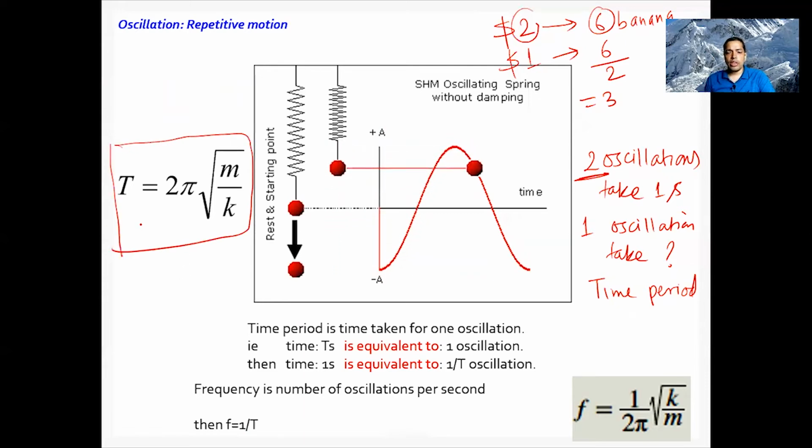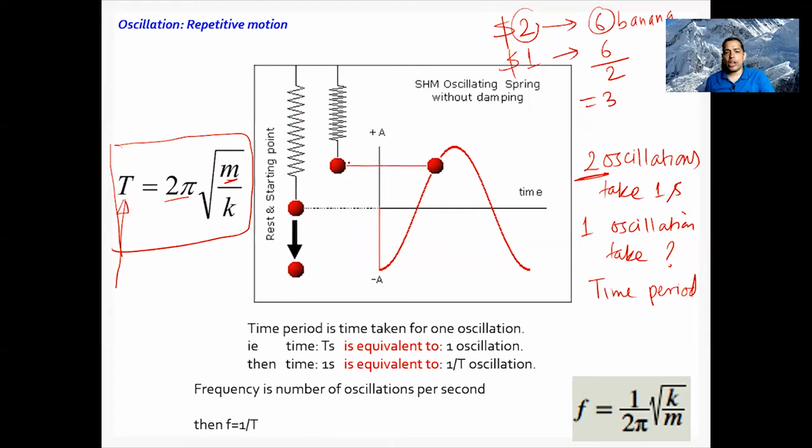Let me define the quantities involved. T is time period. 2 pi is a number. Then you have the square root. Then m is the mass of the hanging object, in this case this red mass. Remember, we consider the mass of the spring to be 0.